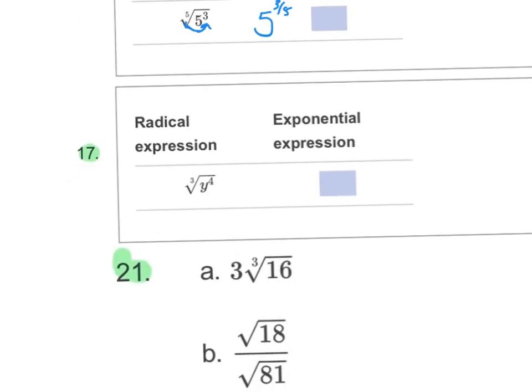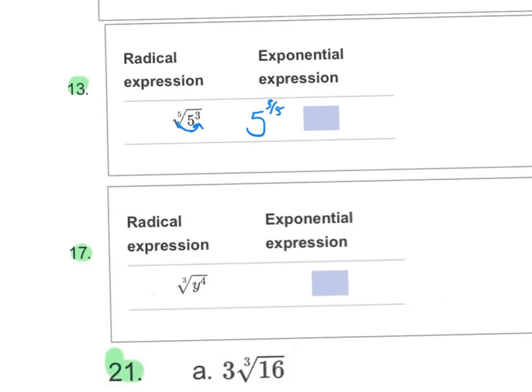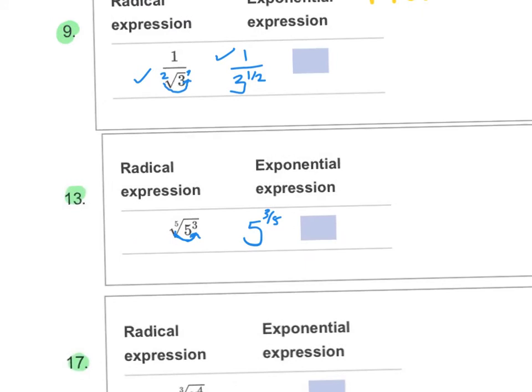Yes, ma'am? First question, how did you get the 1 over 2 for the first one? I understand the 2 part, but how did we get the 1?